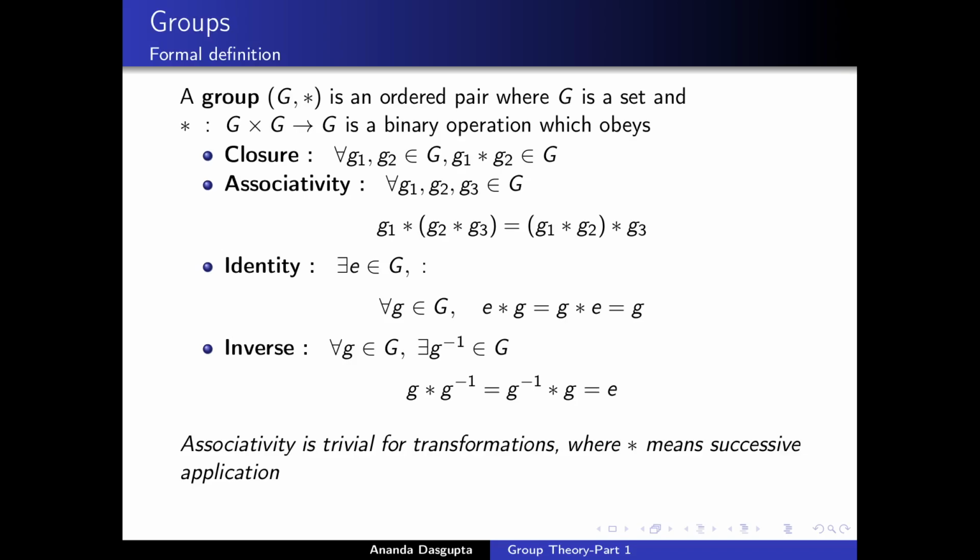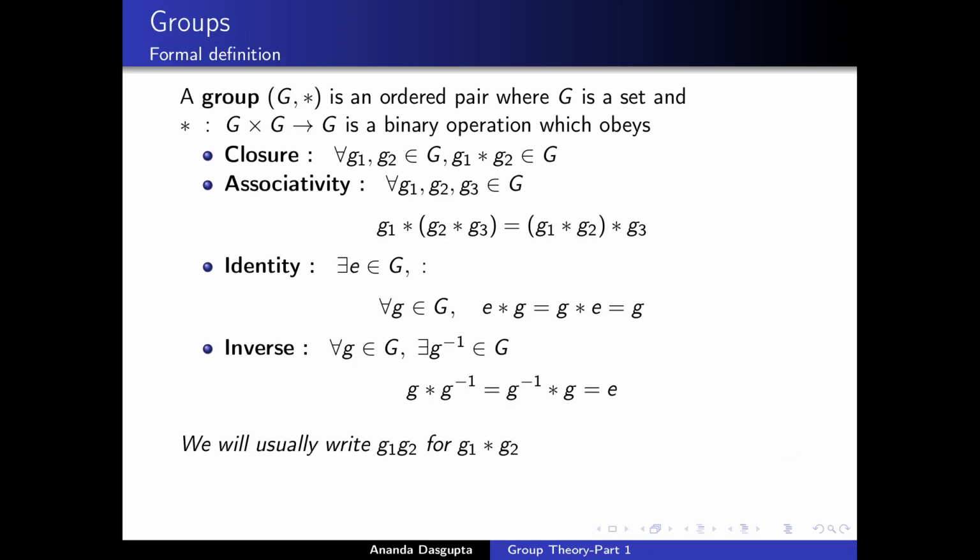It's very, very easy and trivial when you're talking about transformations. Now, usually when we write these things, we will write G1, G2 instead of G1 star G2. We will just drop the star. Although, remember the star is very much a part of the story and is in fact central to this whole thing.